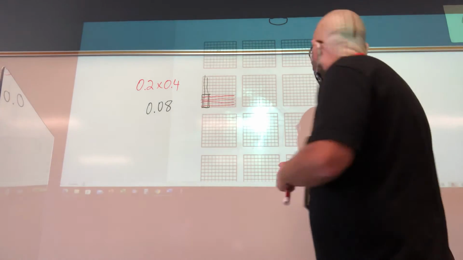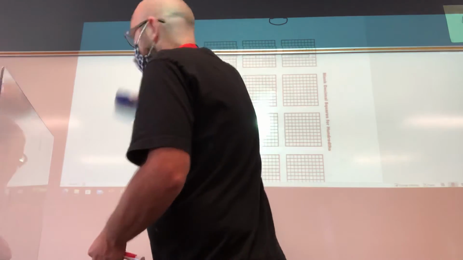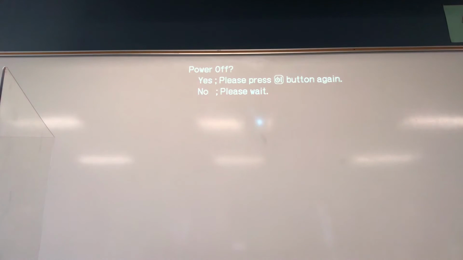All right, now let's look at the standard algorithm. You know what the drawing looks like in your hundreds chart. So what was the first question, Braden?